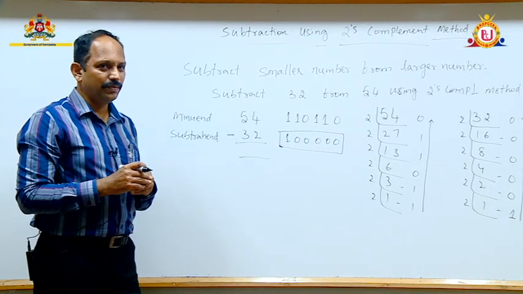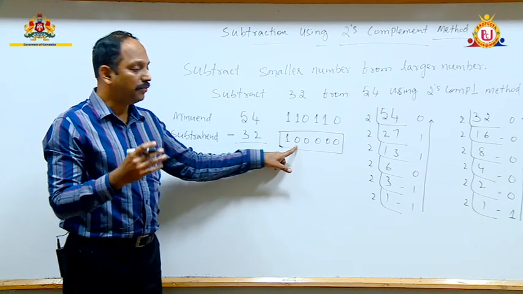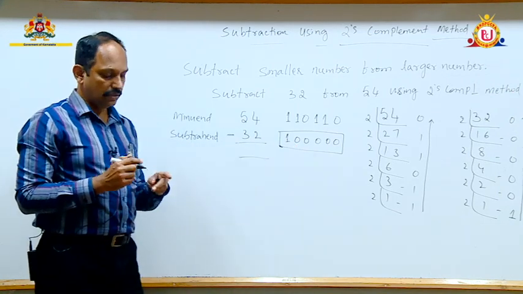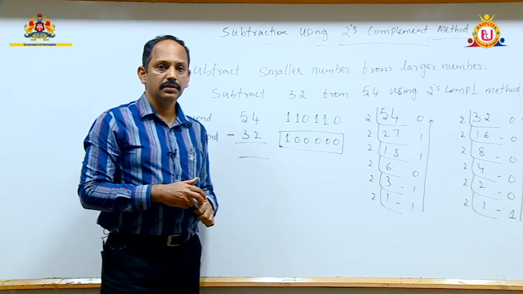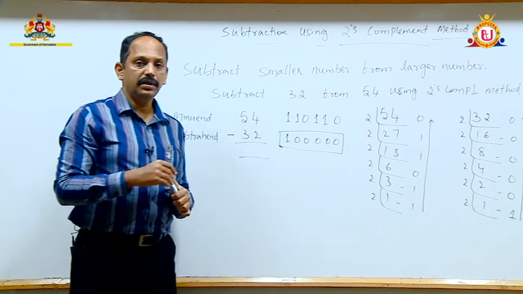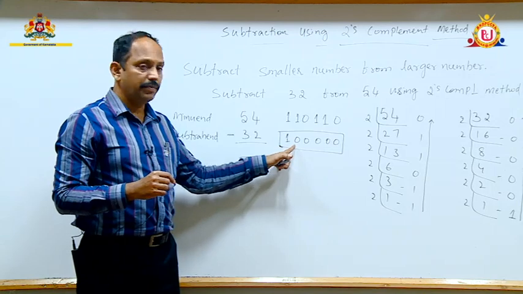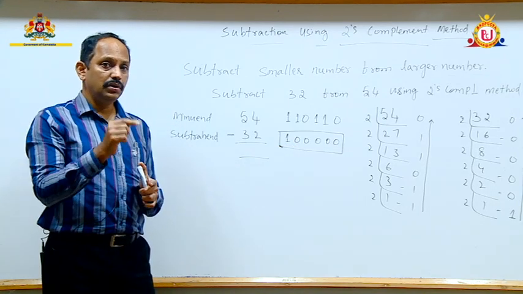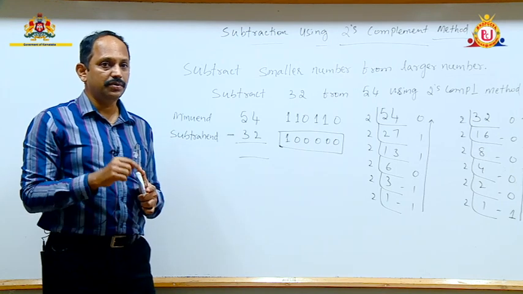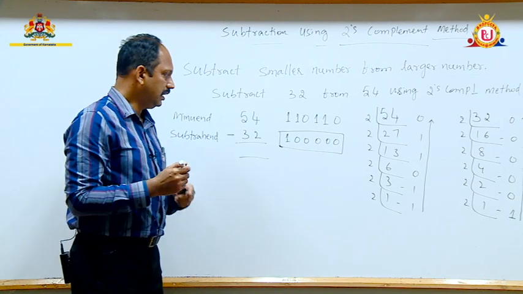What shall we do next? Let us find the 2's complement of this number. How do we find the 2's complement of a binary number? The step is, first we find the 1's complement of the binary number, then add bit 1 to the 1's complemented number to get the 2's complement number. Let us do that.